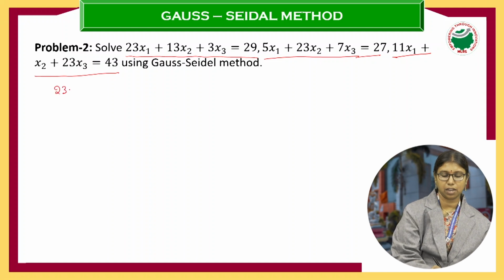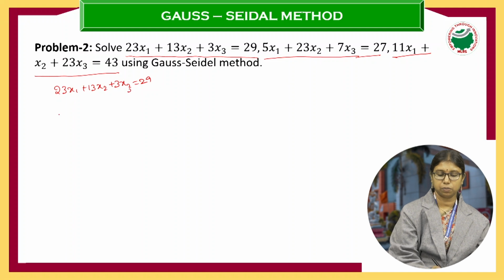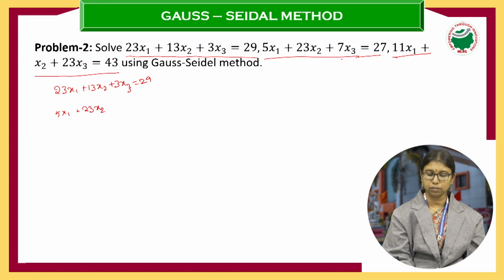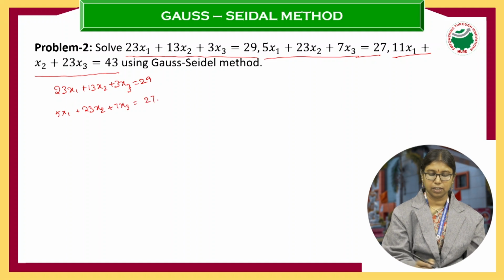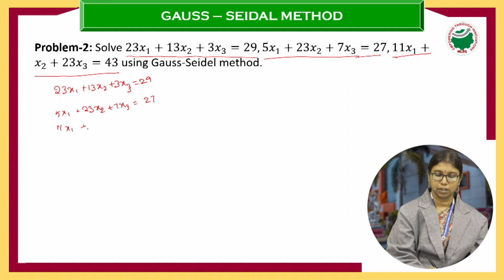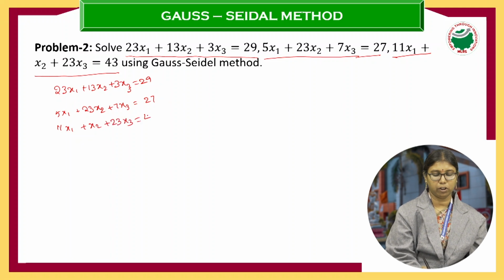The given equations are 23x1 plus 13x2 plus 3x3 equal to 29. Next one, 5x1 plus 23x2 plus 7x3 equal to 27. Next, 11x1 plus x2 plus 23x3 equal to 43.